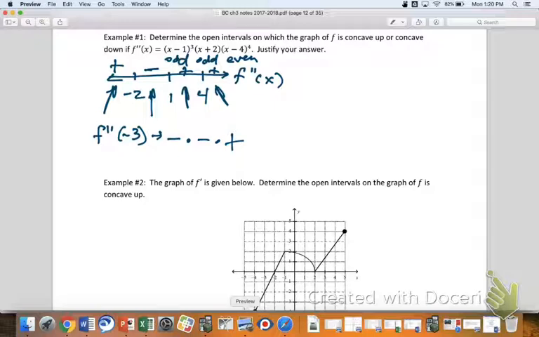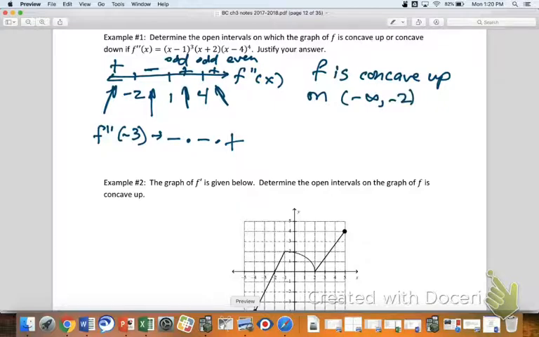So either use multiplicity or you can test every interval out, 3-4 times, whatever it takes to get there. Does that make sense? Okay, so then we can fill this out. We can say that f is concave up on these intervals, -∞ to -2, 1.